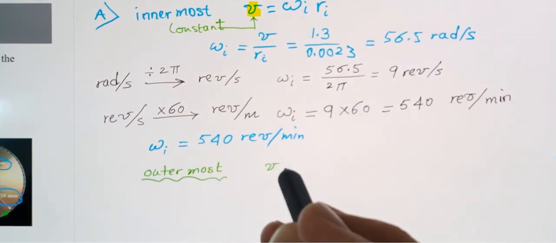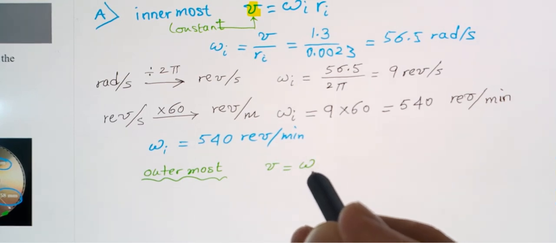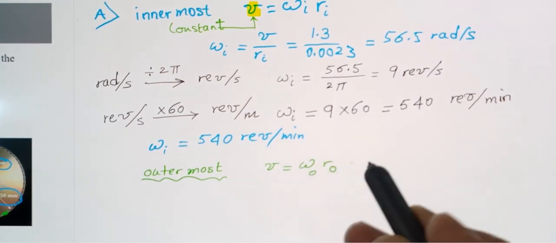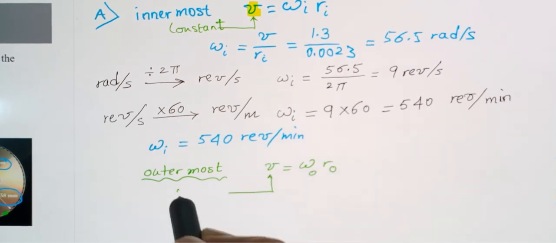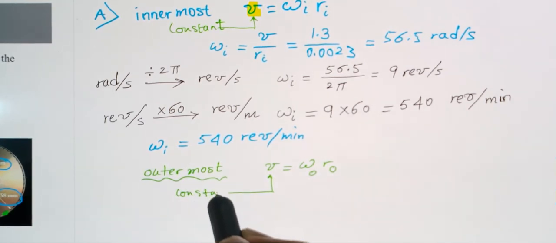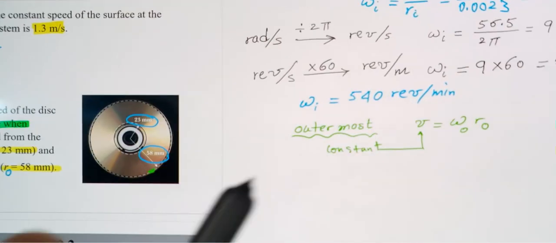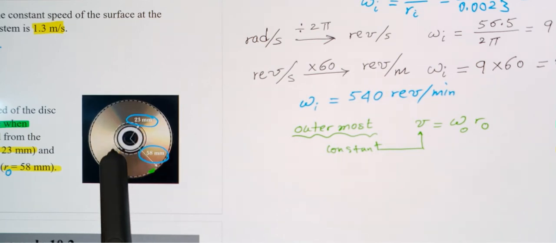So V is equal omega outer R outer, and this is constant. Why constant? Because the electronics of the CD must receive the information exactly the same while we read it in the inner circle or the outer circle or in between.